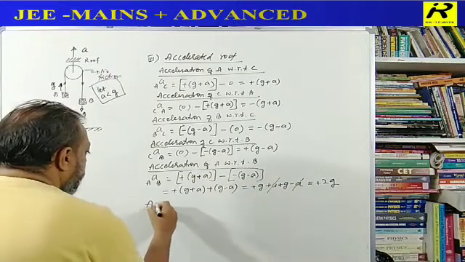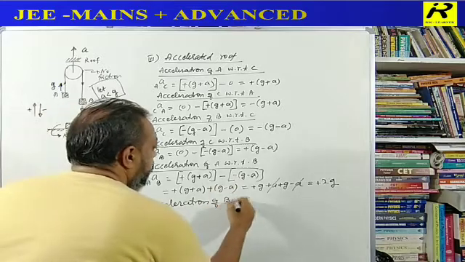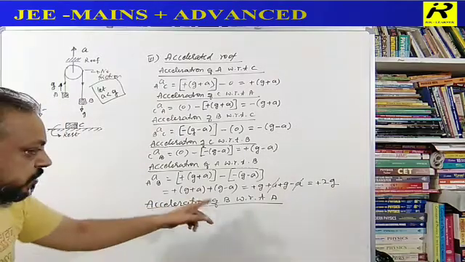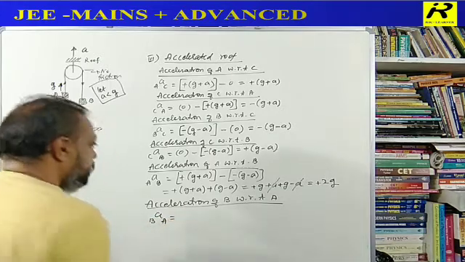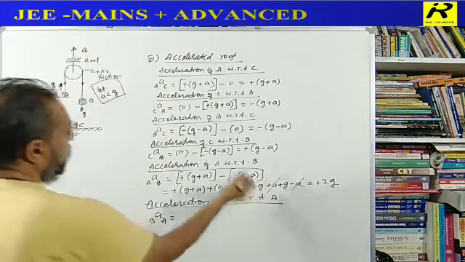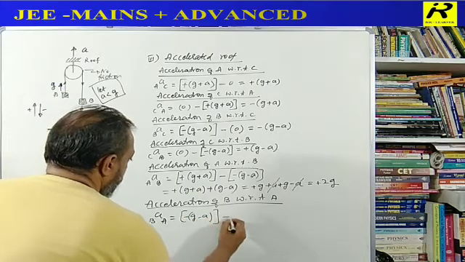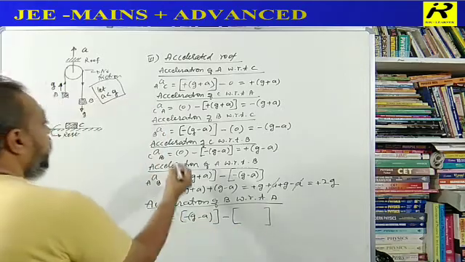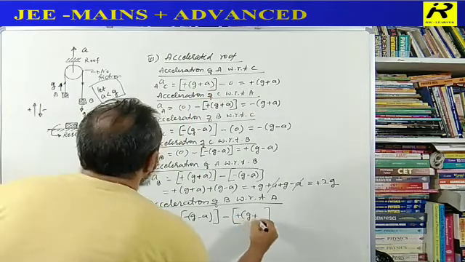So now you can guess the acceleration of B with respect to A. The acceleration of B is already written here, minus g minus a, minus the acceleration of A, which we have already, plus g plus a.